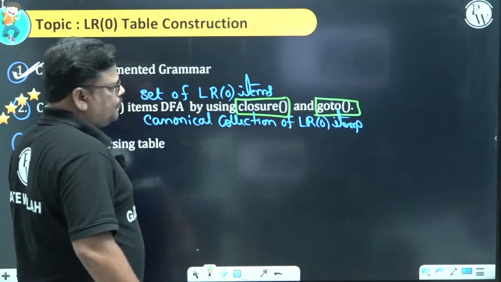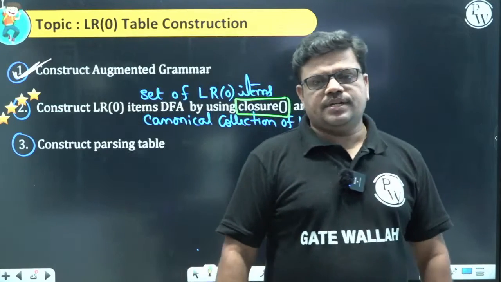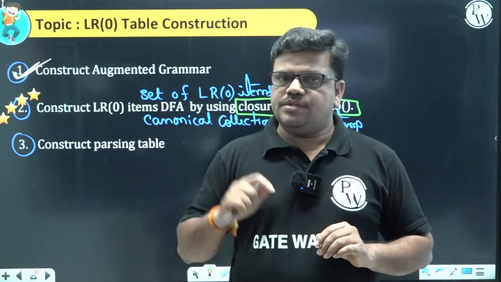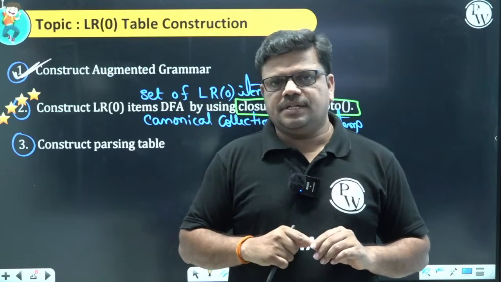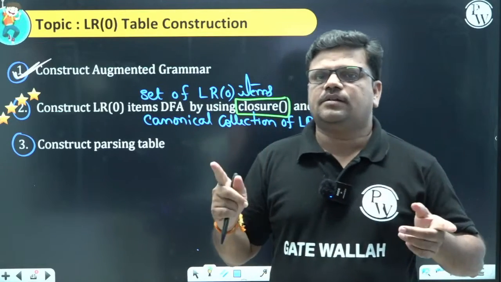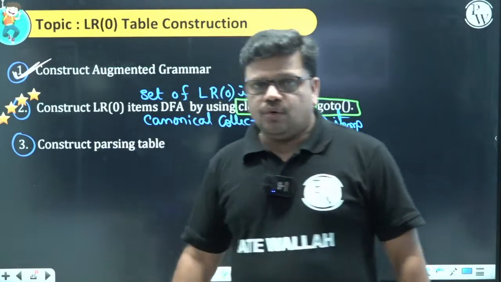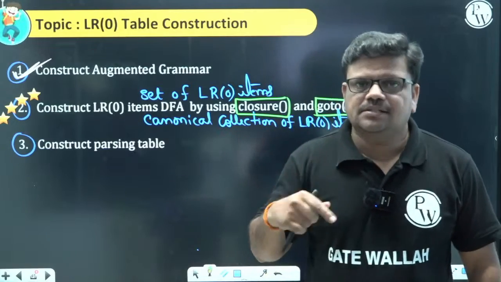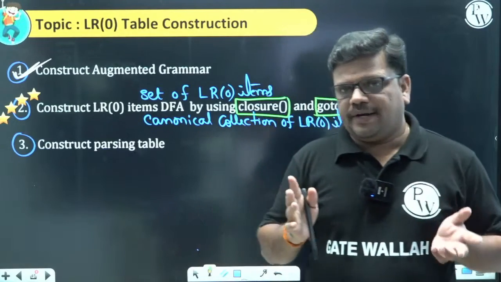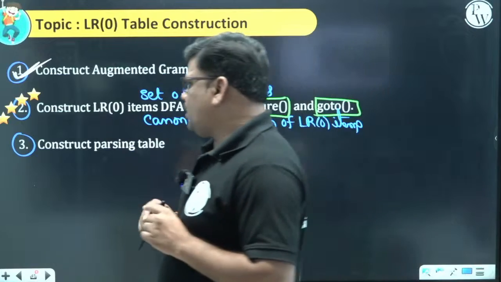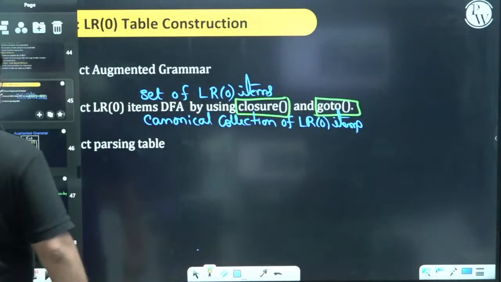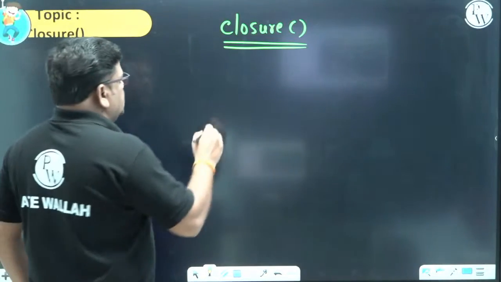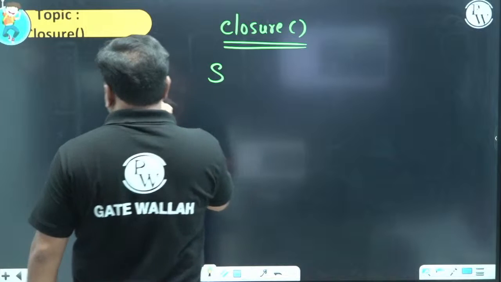Closure and goto are two functions, and each does a particular task. By using closure and goto only, we calculate the total number of LR0 items and the total number of states of the LR0 items DFA. What is this closure doing here? For any LR0 item, assume my grammar is this way.